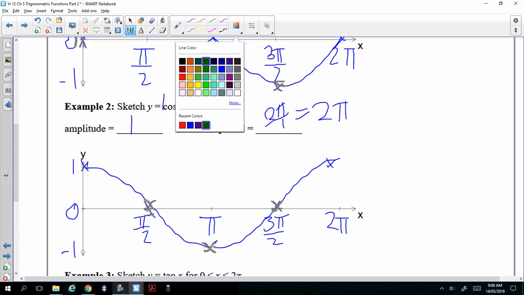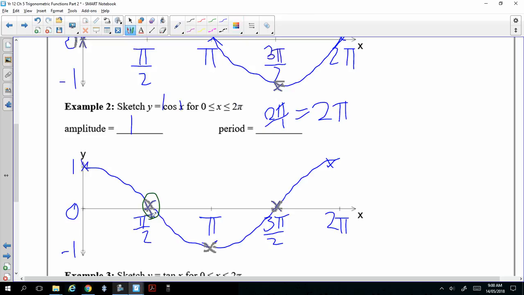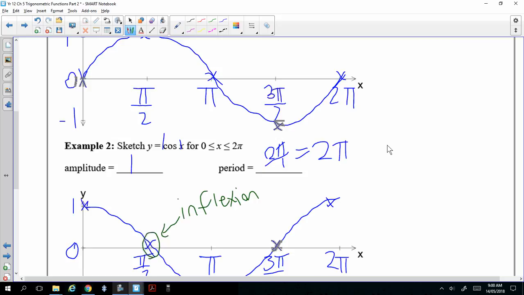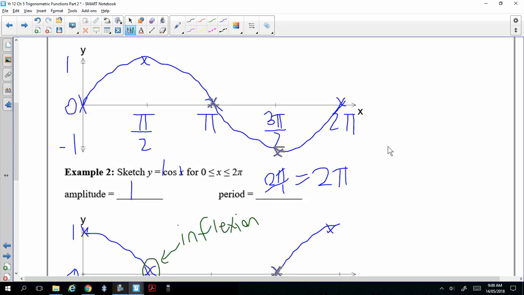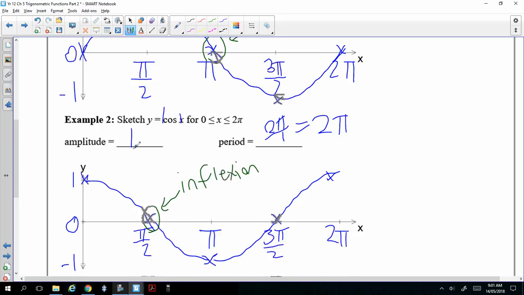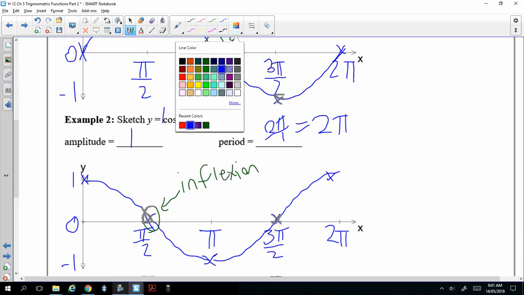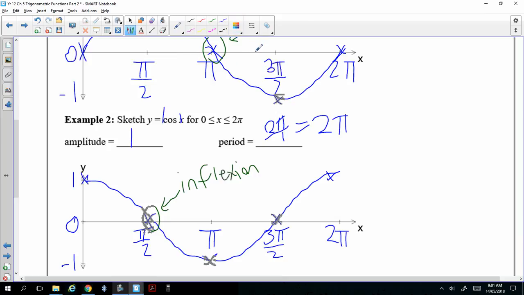This is actually an inflection point. We can prove this later on, but these are inflections. Just like this, that's an inflection. So there is a change of concavity. When you draw the graph, you should reflect these features. Alright, should draw them.